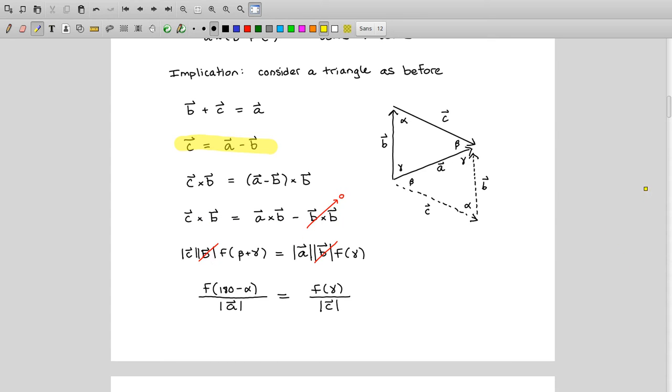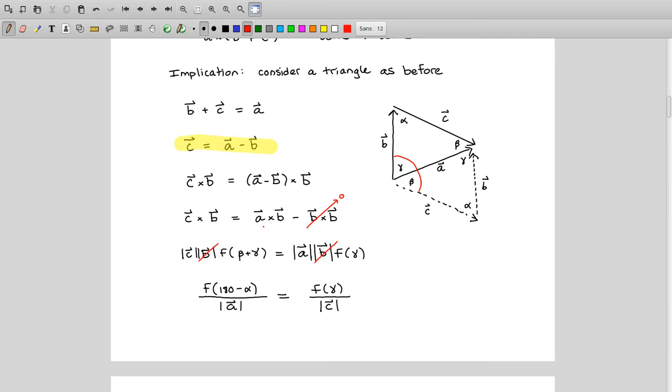And then imagine taking magnitudes of both sides. We would get magnitude c, magnitude b, some function of the angle between them. What is the angle between c and b? Well, that is easiest to see if we use our redrawn vector over here that we translated, because the angle between b and c is this one right here, which is gamma plus beta.